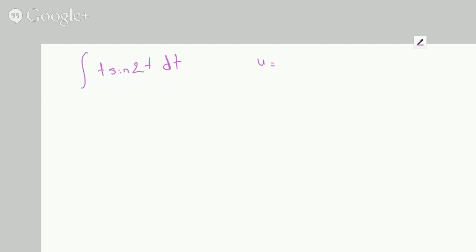We will call u to be t and dv to be sine 2t, because that would give us the easier integral on the du when we plug in the formula.